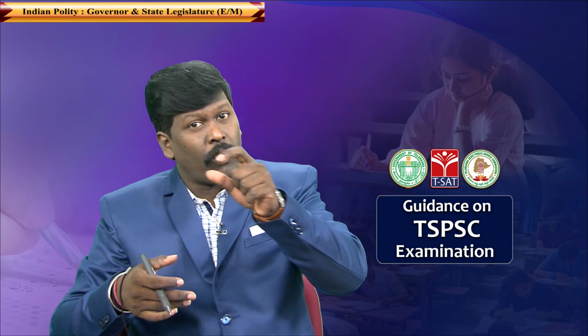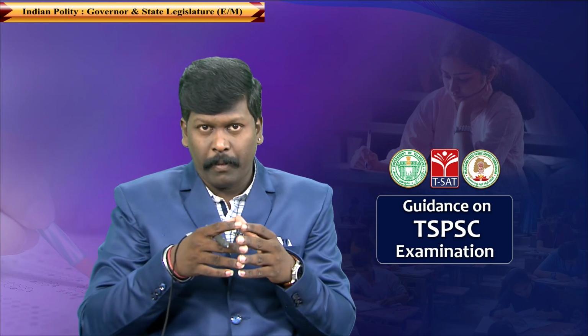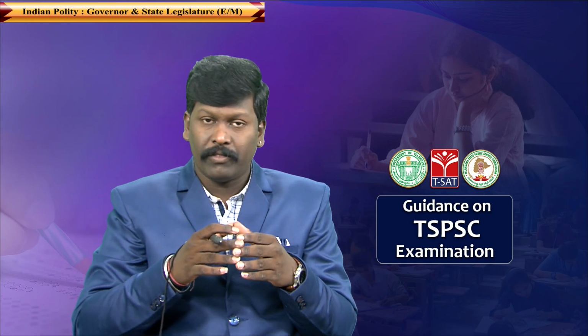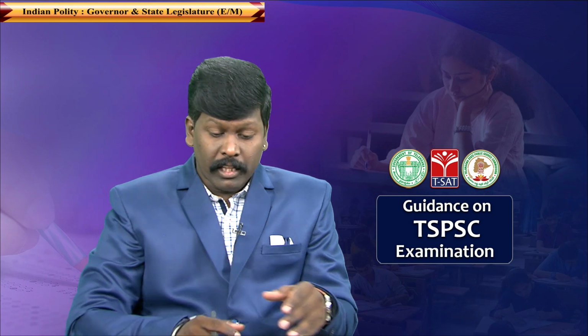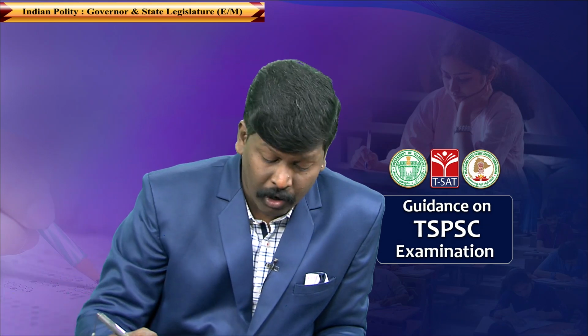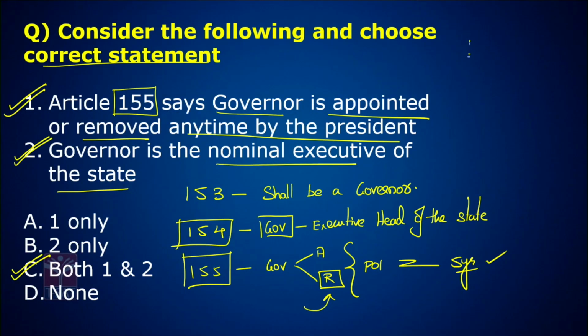The real executive of the center is the Prime Minister and Council of Ministers. Now coming back to the state, the nominal executive of the state is the governor, and the real executive of the state is the CM and Council of Ministers. CM and other ministers. Let's go to the next question.